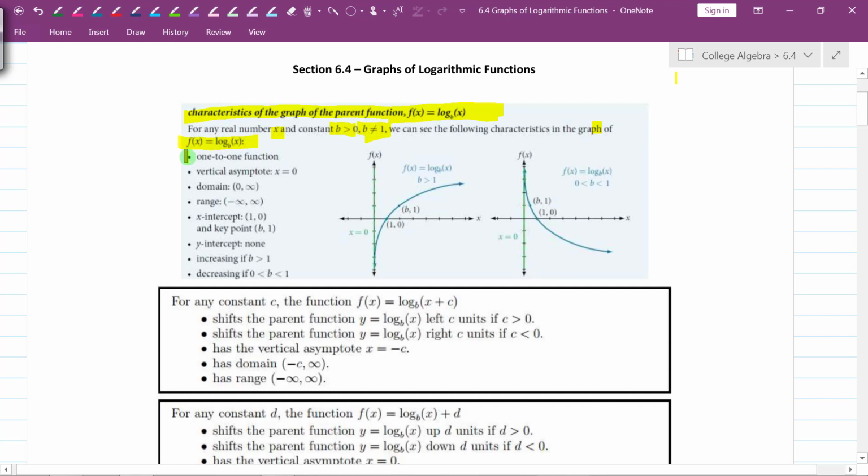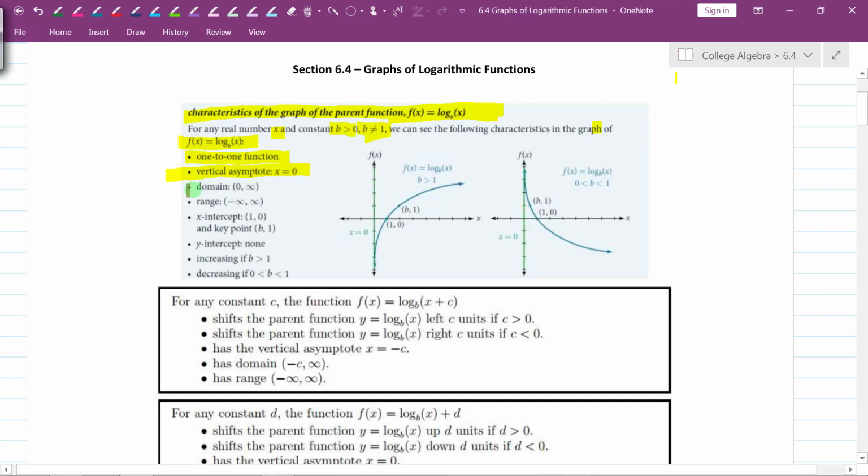First off, it's a one-to-one function, which we already knew because the logarithmic function is the inverse of the exponential, and the exponential is a one-to-one function, which means its inverse is obviously a one-to-one function. With the exponential, we had a horizontal asymptote, and so with the inverse, we have a vertical asymptote, and that is going to be the y-axis. The y-axis becomes the vertical asymptote for the logarithmic function.